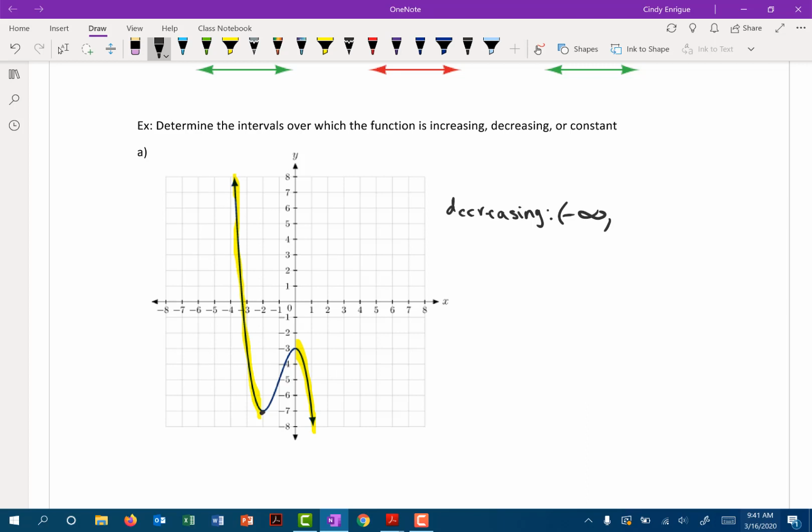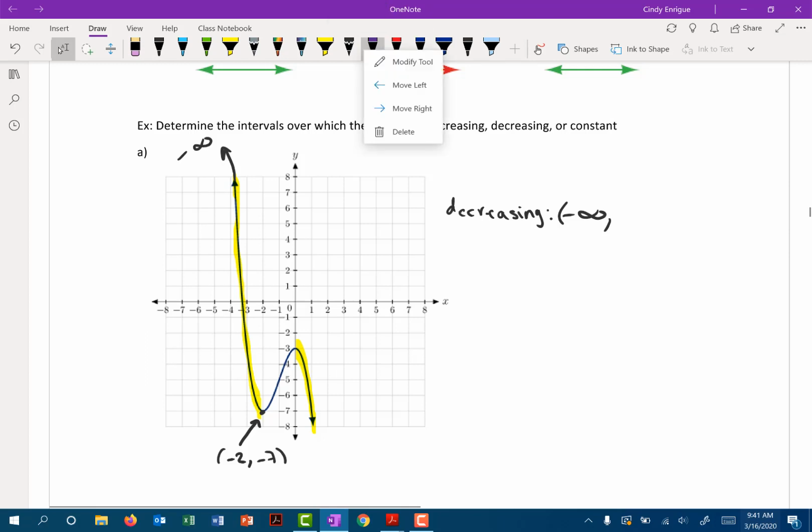And this point right here, that point of inflection, where it goes from negative to positive slope, that point is -2, -7. So since this is going off to negative infinity, we are going to have this going from negative infinity to -2.